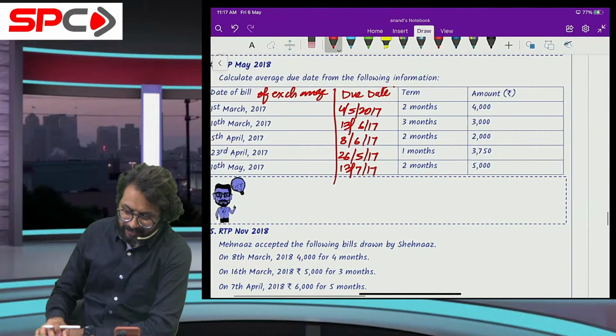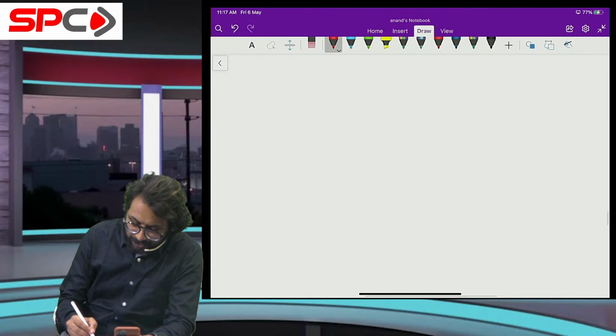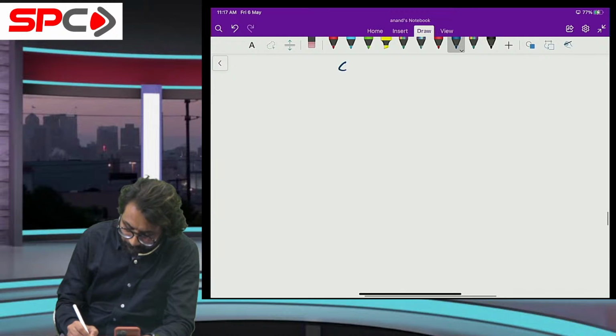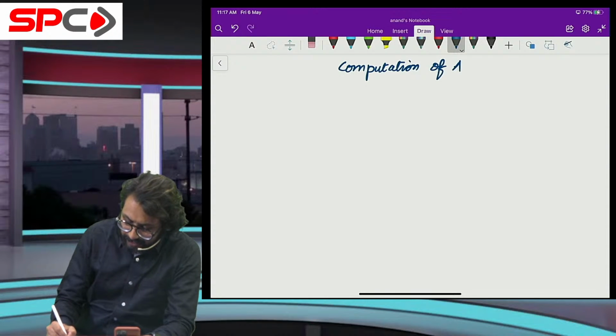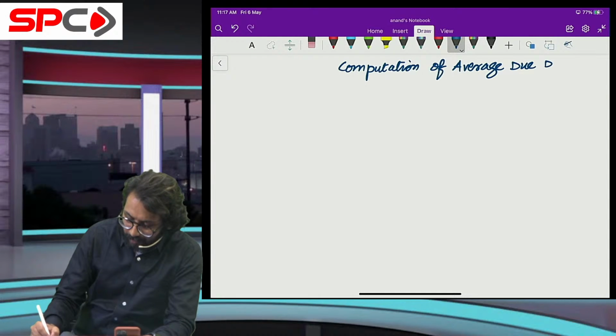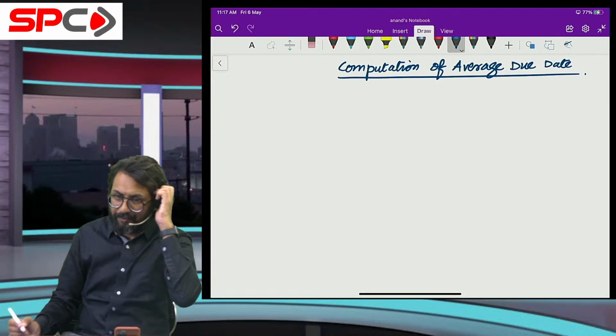So write the heading: computation of average due date. So my first column is serial number.